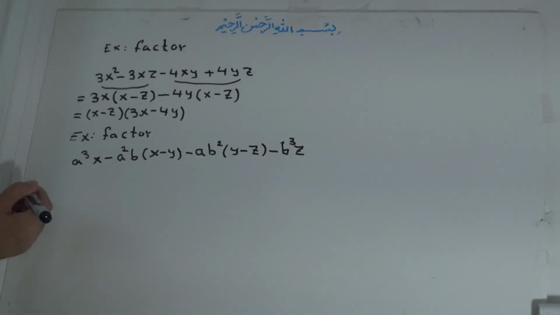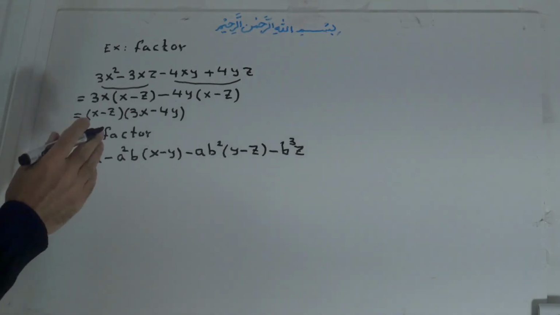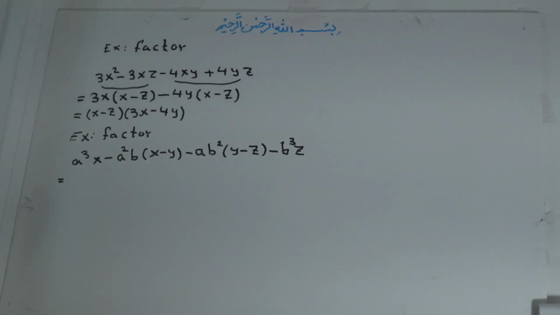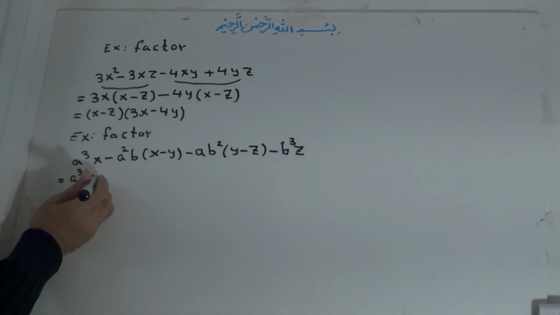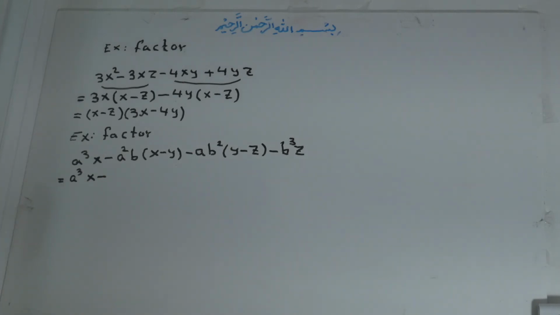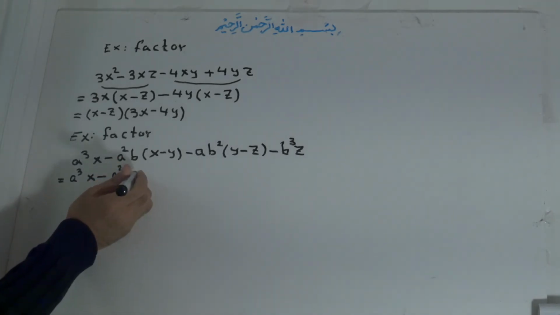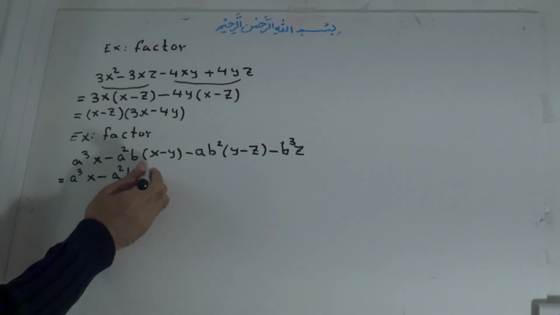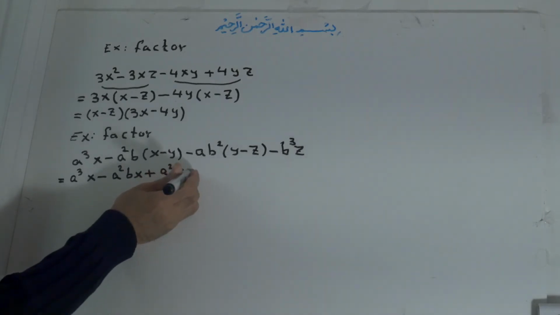For this kind of statement, what you do first of all, because this is unassembled, to assemble it we should simplify it. a to the power of 3 x minus negative term, like positive is negative, a to the power of 2 b x. Negative times negative is positive, a to the power of 2 b y.